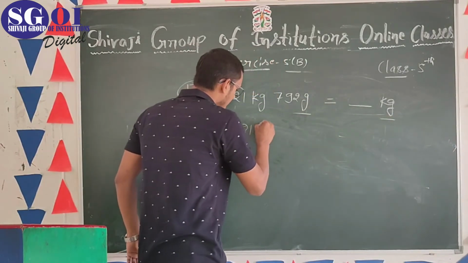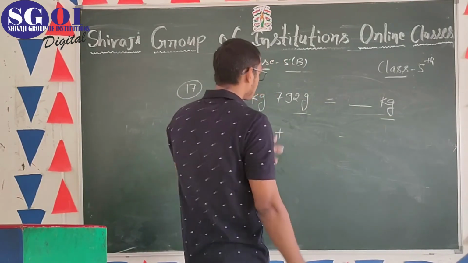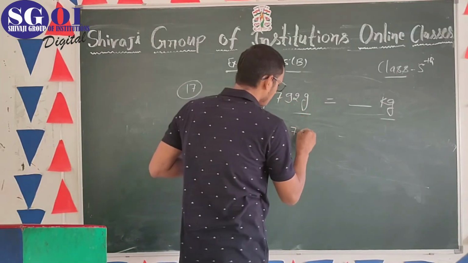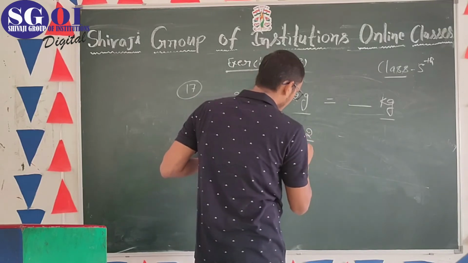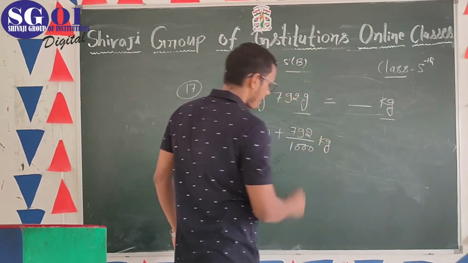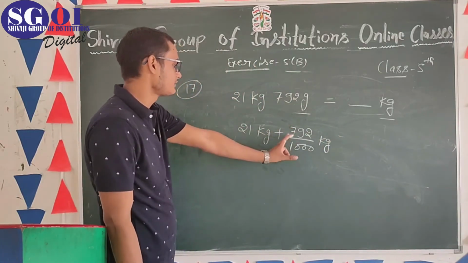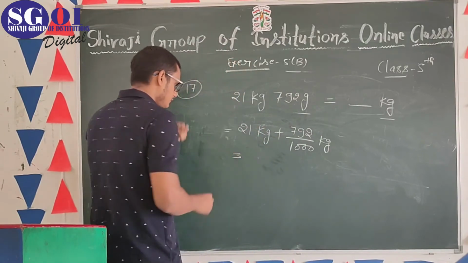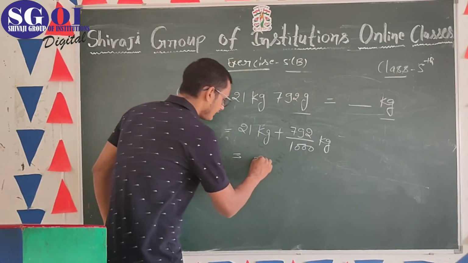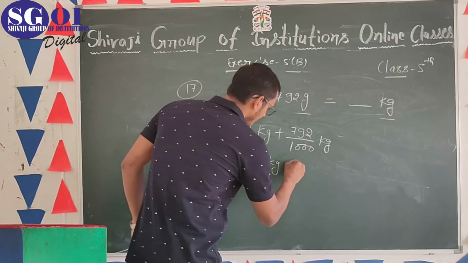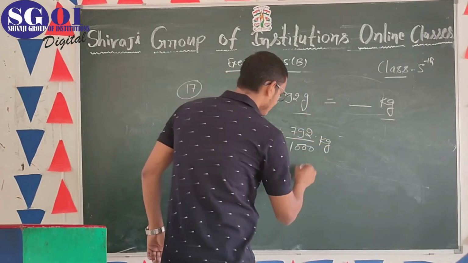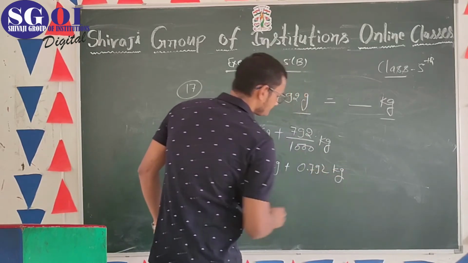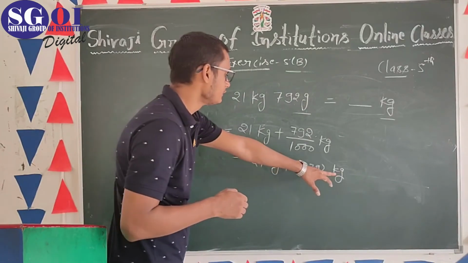So 21 kg plus 792 gram, 792 gram is equal to 792 upon 1000 kilogram. When we divide 792 by 1000, we get 0.792 kilogram.